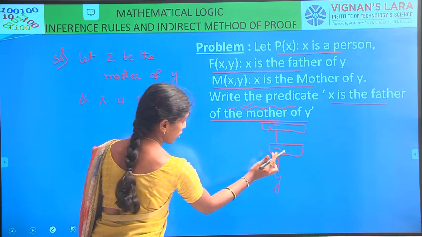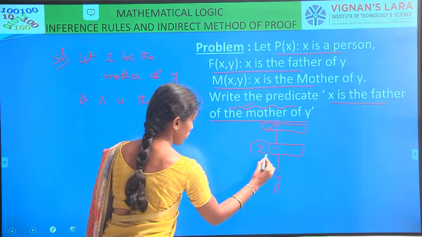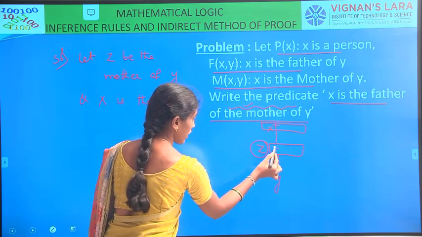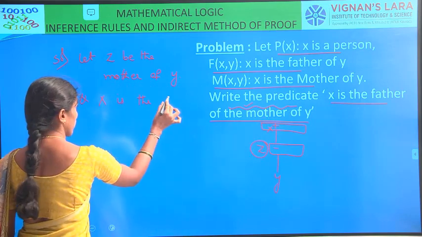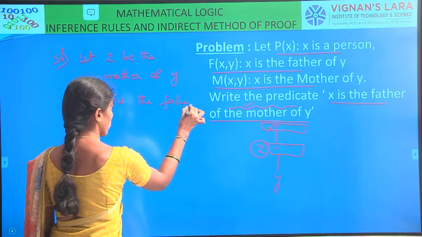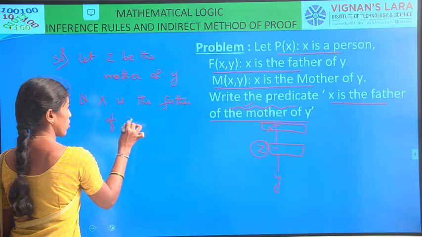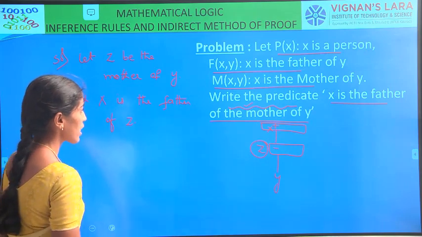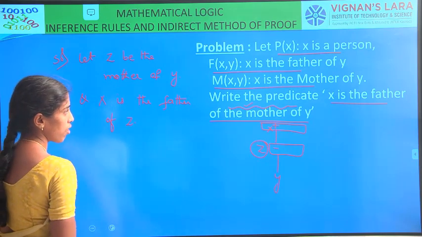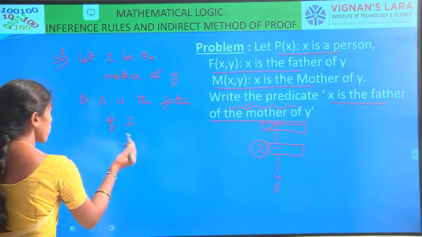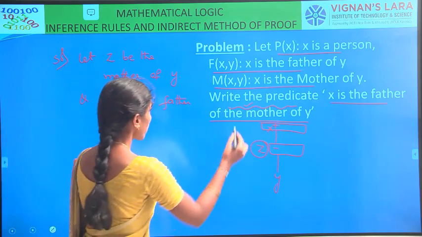Here I am introducing Z. Z is the mother of Y and X is the father of Z. So now I denote it as X is the father of the mother of Y, right? So X is the father of Z.